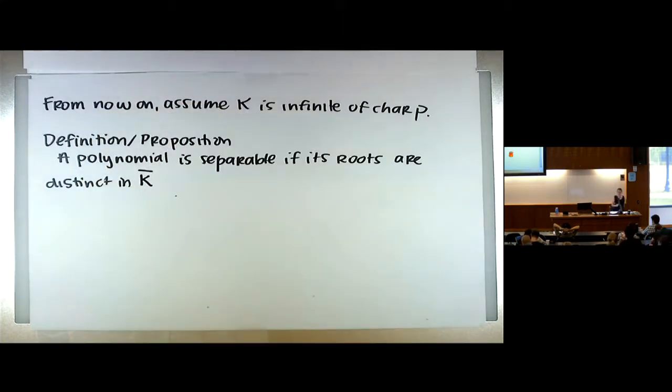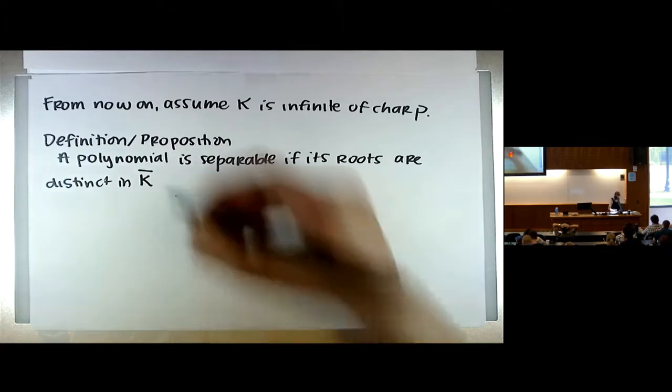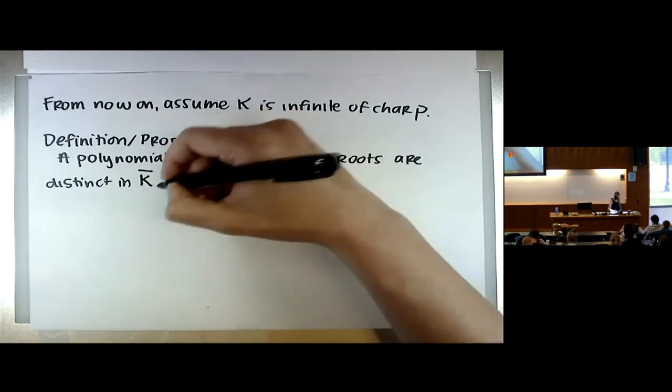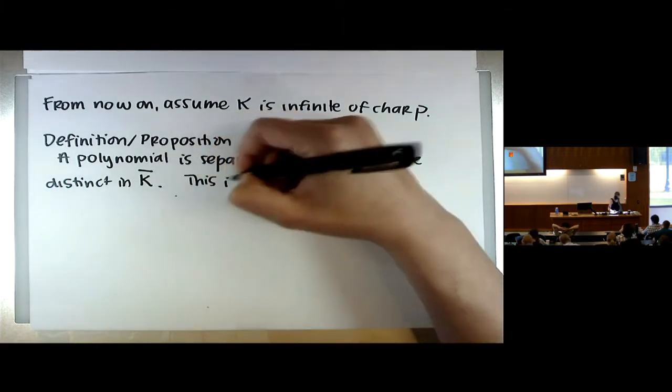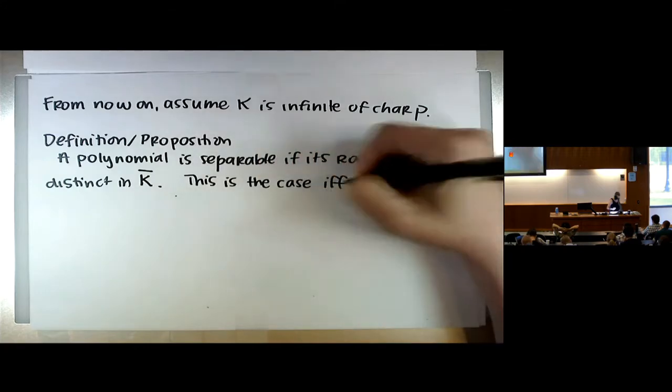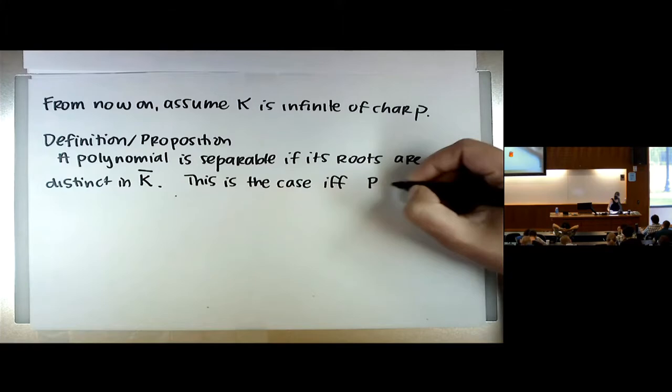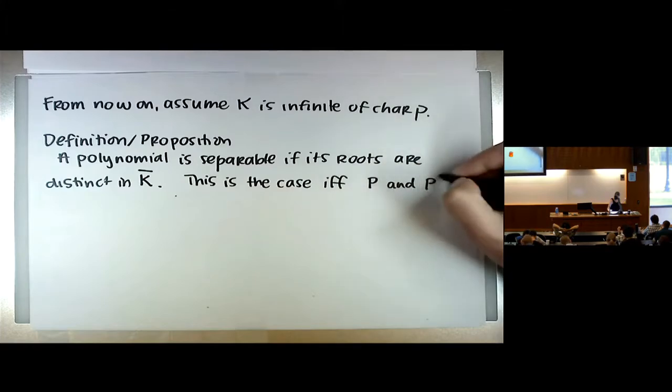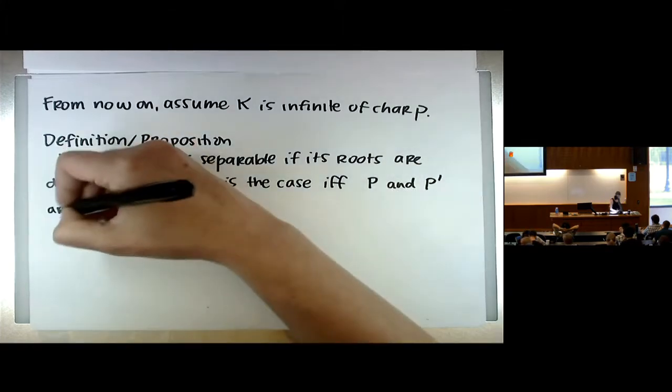Okay, so that's if you took any Galois theory or abstract algebra, that's the usual definition of being separable. And this is the case if and only if the polynomial p and its derivative p prime are relatively prime.